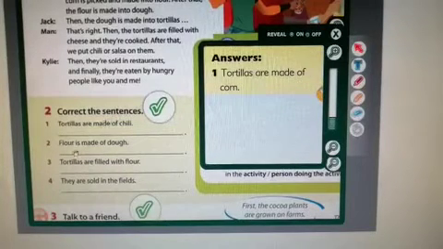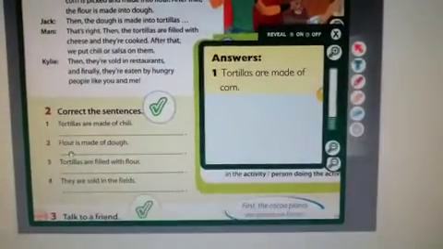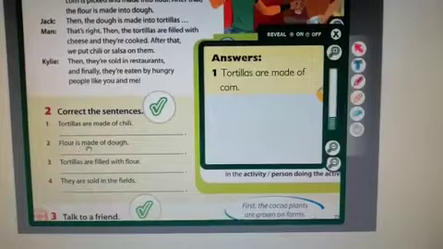Number 2. Flour is made of dough or dough is made of flour?